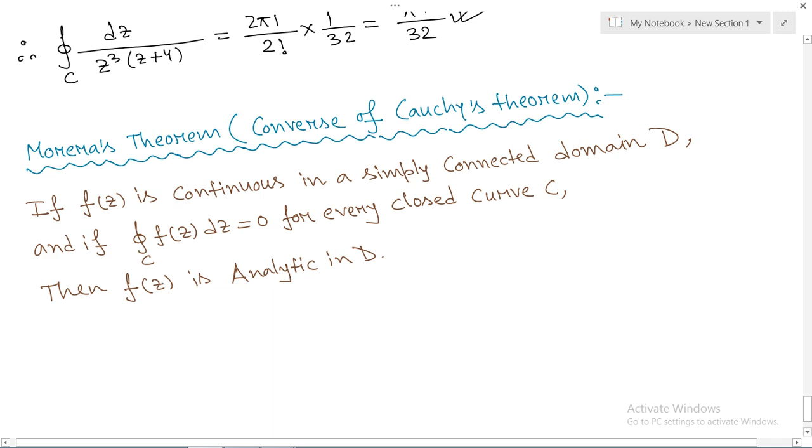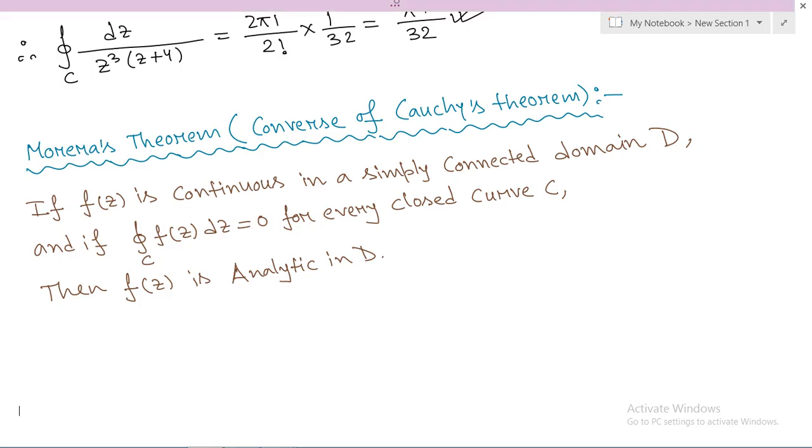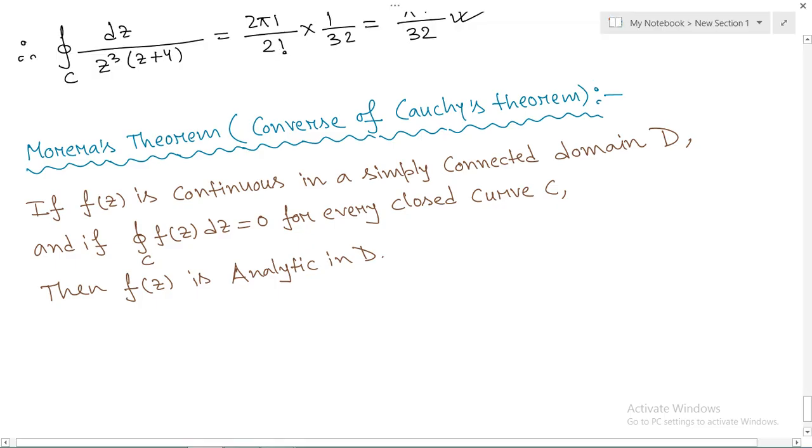The converse of Cauchy's theorem says that if we have a continuous function over a simply connected domain D, and the value of this integration is 0 over the curve C, then the function is going to be analytic.